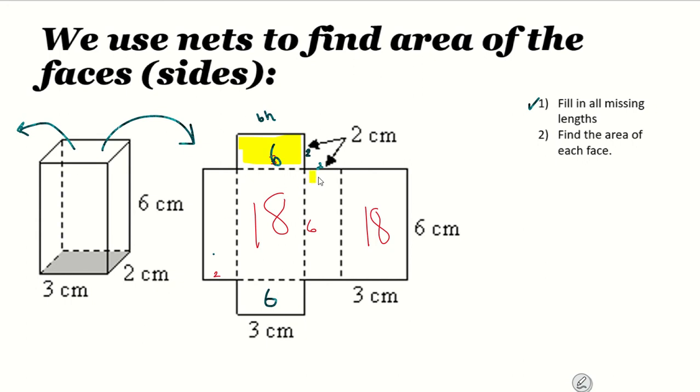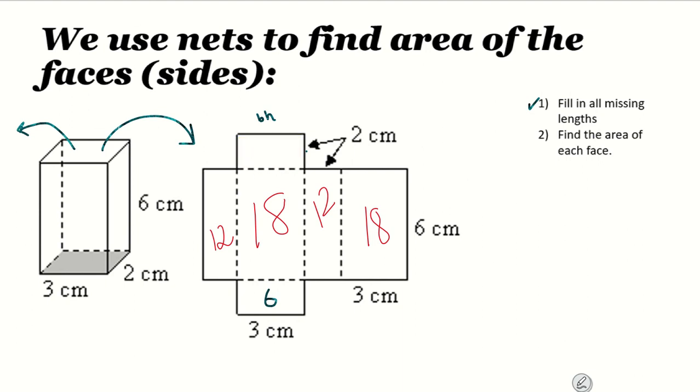We need this side, or this face. That's going to be another rectangle, so base times height, 6 times 2, which is 12. There we go. And that would match, obviously, this side right here. Okay. All right, we've got all the sides.